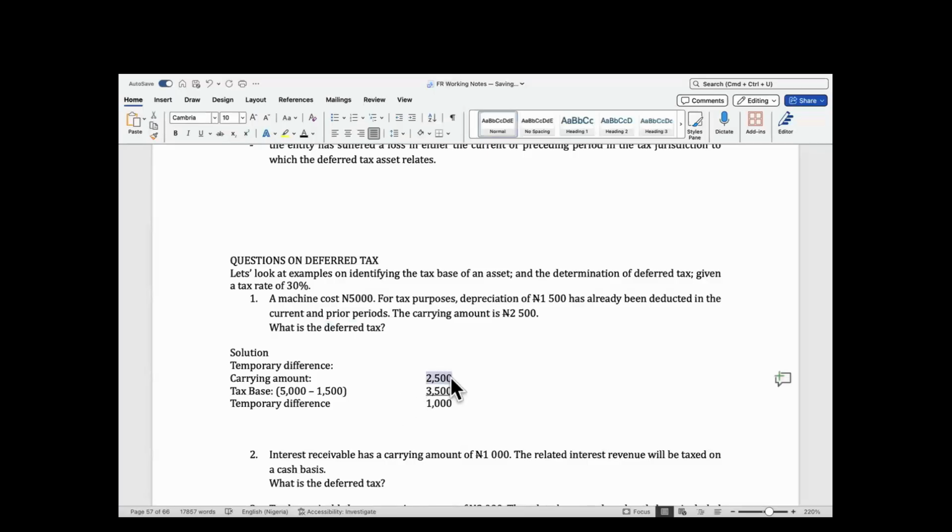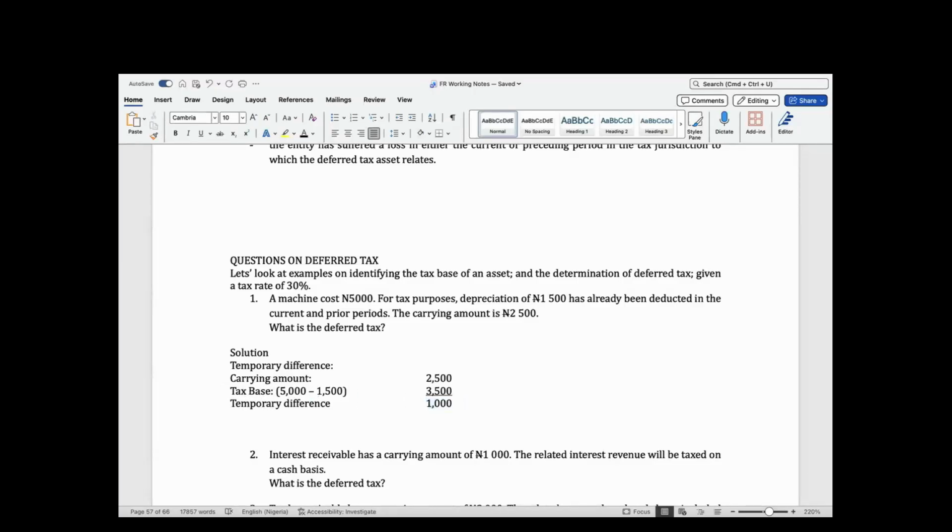In my books I'm deducting 2.5, and the taxman will deduct 3,500. In this case, it means that I would have an extra deduction of 1,000.